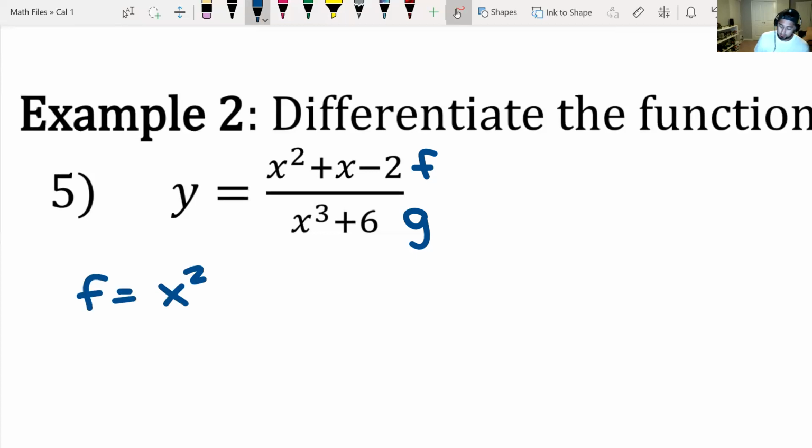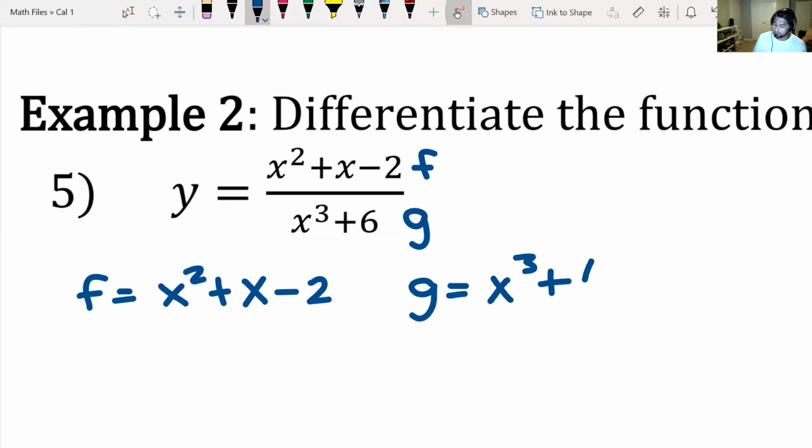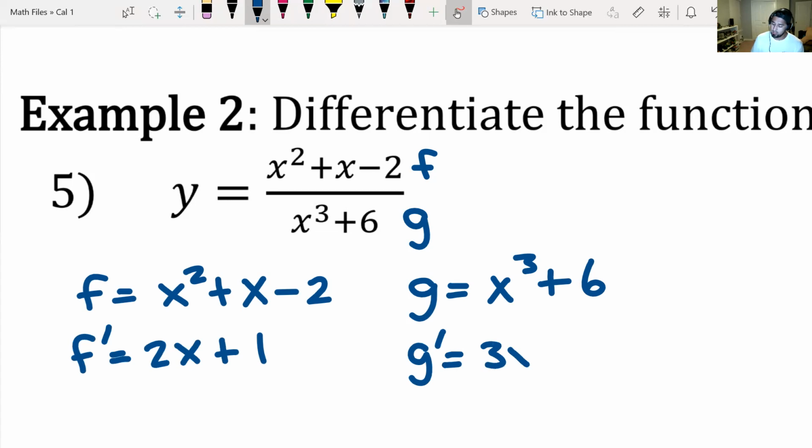F is x squared plus x minus 2. G is x cubed plus 6. Derivatives, you should get 2x plus 1 and 3x squared.